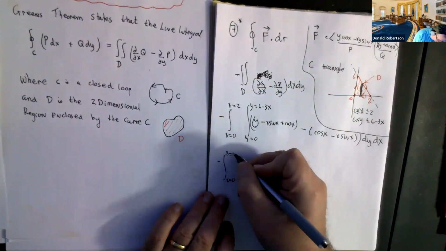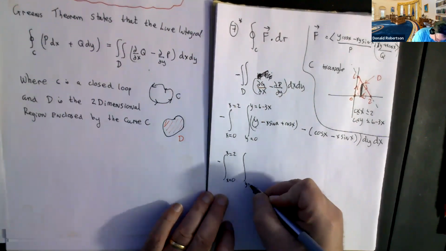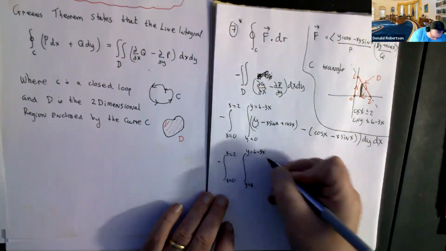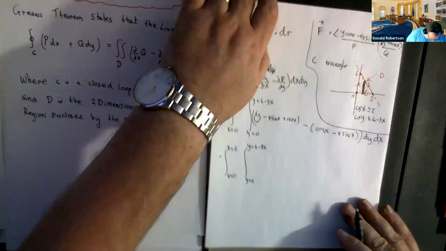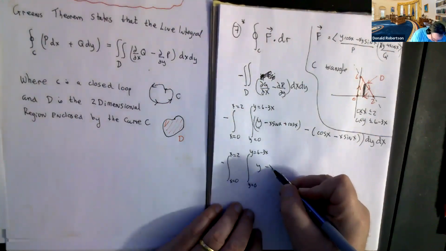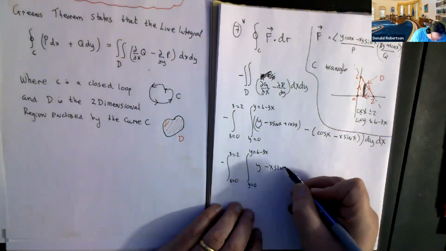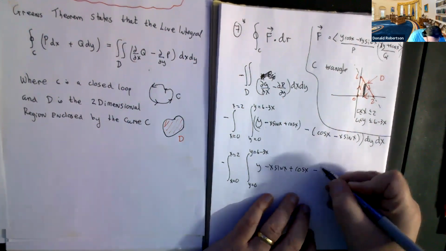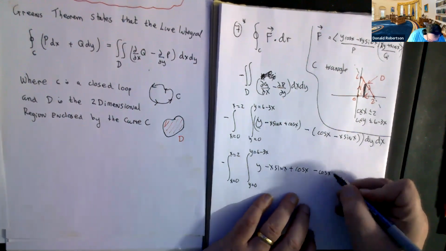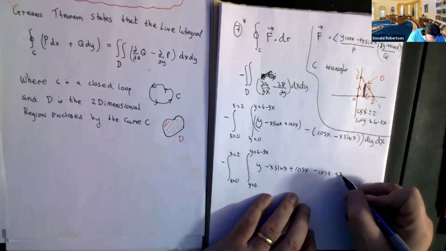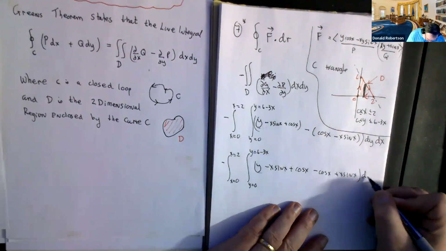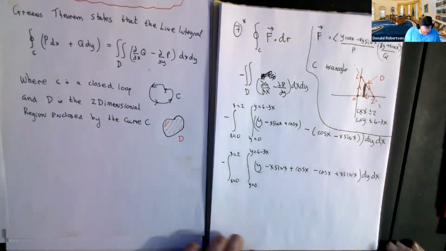We get x equals 0 to 2, y equals 0 to 6 take away 3x. And let's see what we've got. I have a y, I have a take away that guy, I have an add that guy. I then have take away a cosine x, and then take away a take away is an add x sine x, and dy dx.